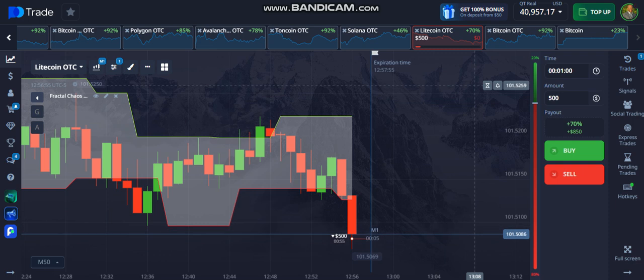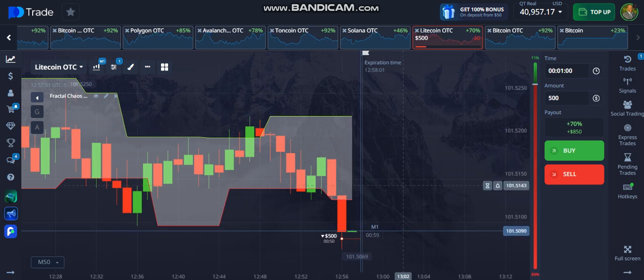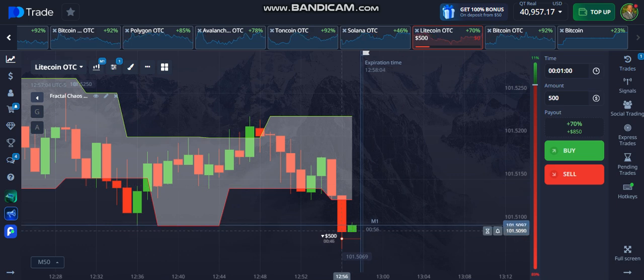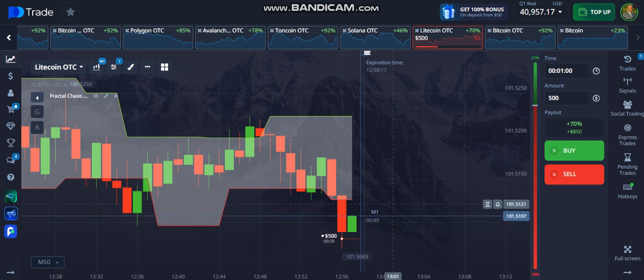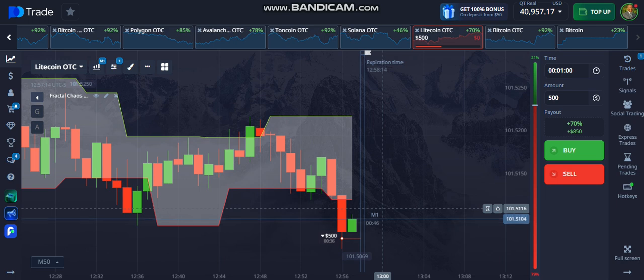Okay, so I'm on Litecoin, and I just took a sell trade or a put trade. All right, so the candle just closed. This candle just closed outside the fractal chaos band line here, which suggests that there's going to be a continued breakout to the downside here.